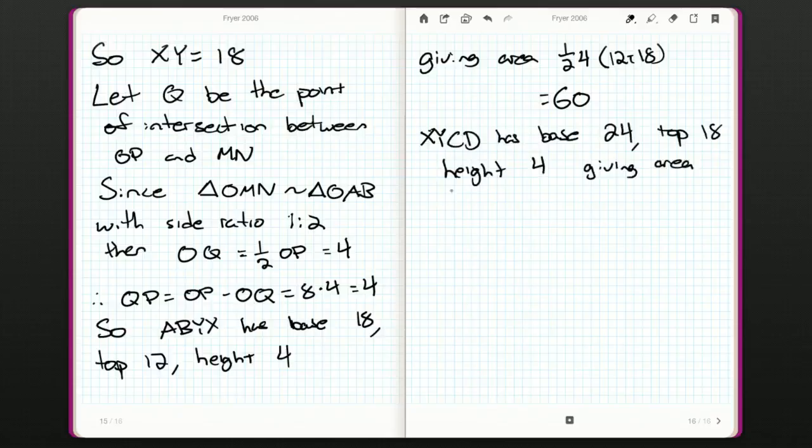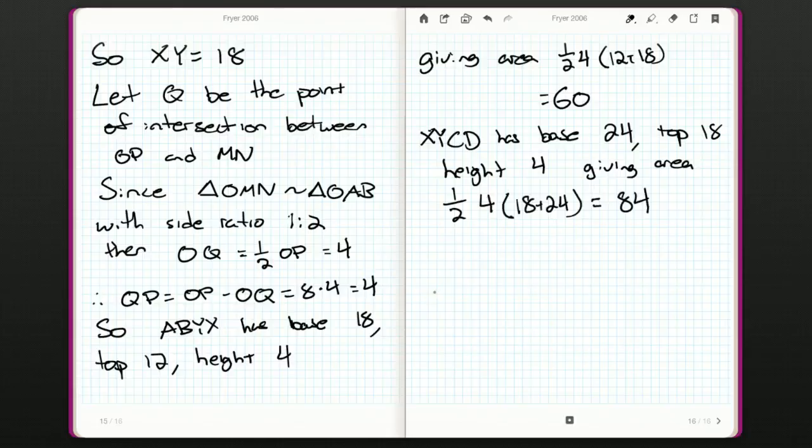And what area does that give us? 1/2 height times the sum of the base and the top. So that's going to be 2 times 18 plus 24, so 2 times 42. So that should be 84.